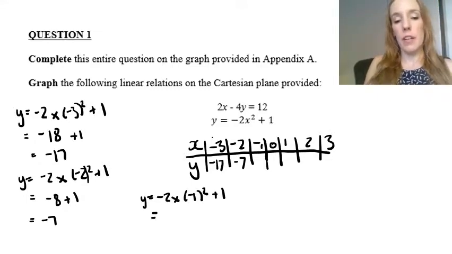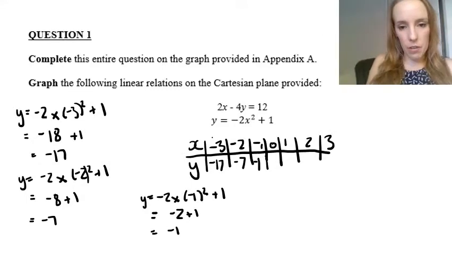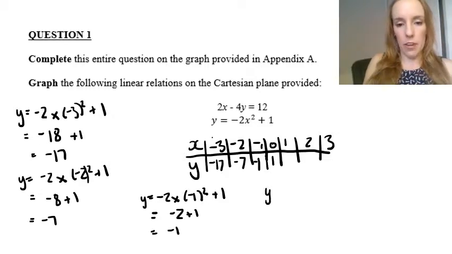Negative 2 times 1 is negative 2 plus 1 equals negative 1. Next one is just going to be just 1 in general. And then keep going, but you should be able to see the pattern here. So this one's going to be negative 1, negative 7, negative 17.